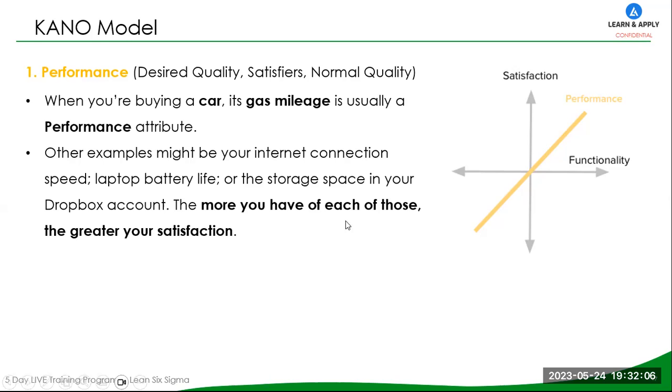The more you have of each of those, the greater your satisfaction. For example, internet connection speed, laptop battery life, storage space in your Dropbox account. If you get more, you will be more satisfied. So simply, it is directly proportional. If you have more performance characteristics in your product or service, the customer will be more satisfied.